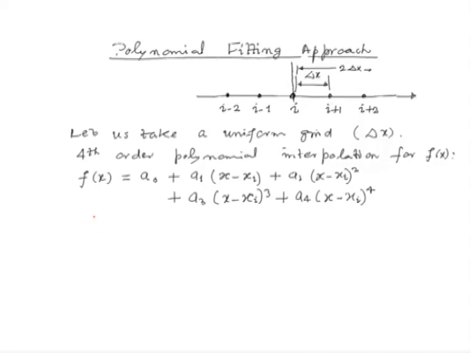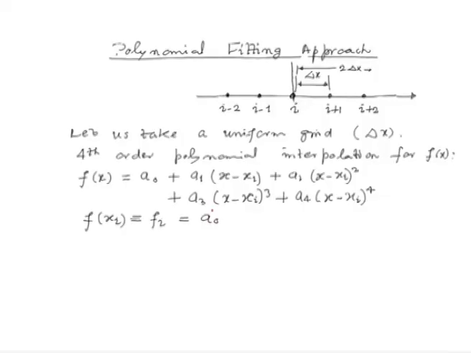First, by equating the function values at point xi, f(xi) is given by fi, and that gives us a0. So we straightaway have the value for a0, which we can substitute in further expressions.